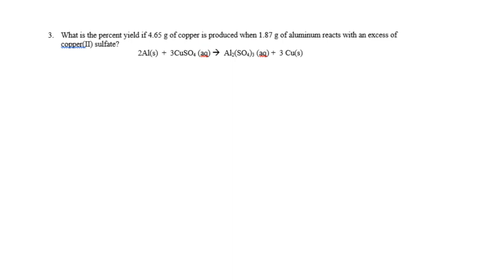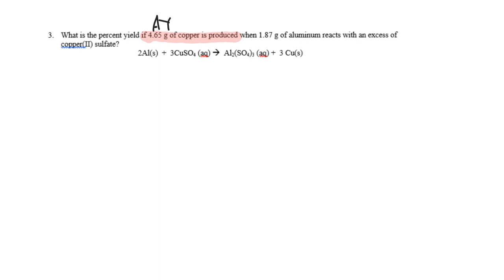This last example, we are looking for the percent yield when 4.65 grams of copper is produced when 1.87 grams of aluminum is reacting with excess of copper sulfate. All right, so the first thing, let's identify what information is in the problem. So it says 4.65 grams copper is produced. Because that's the amount produced, that's my actual yield.